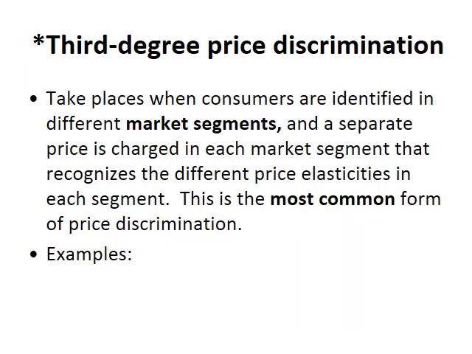Third degree price discrimination. This has an asterisk because this is the one that we are focusing on. This takes place when consumers are identified in different market segments, and a separate price is charged in each market segment that recognizes the different price elasticities of demand in each segment. And this is the most common form of price discrimination.